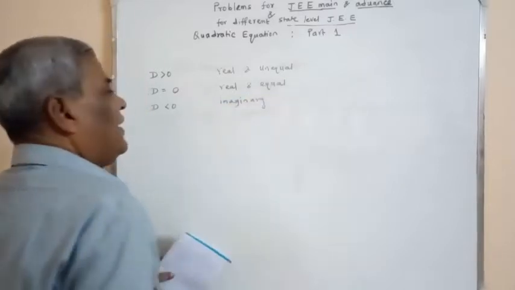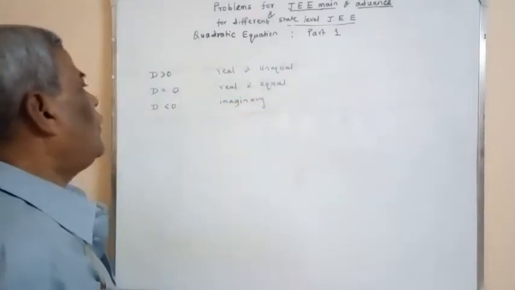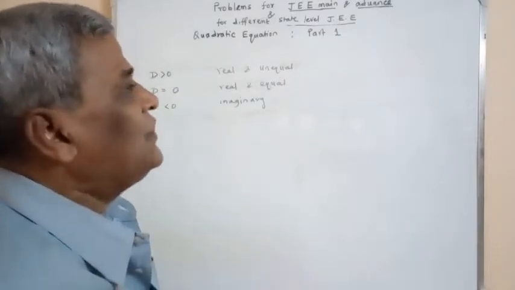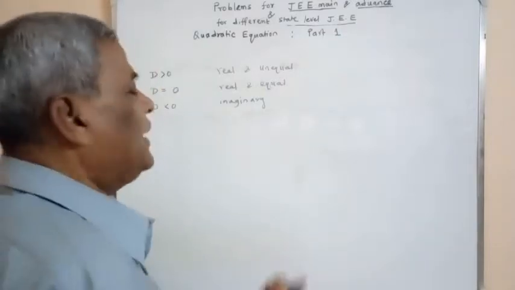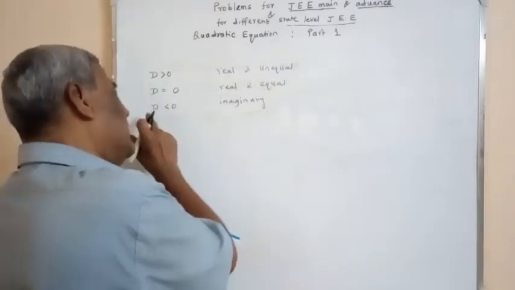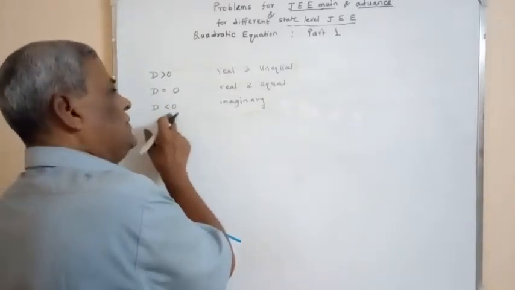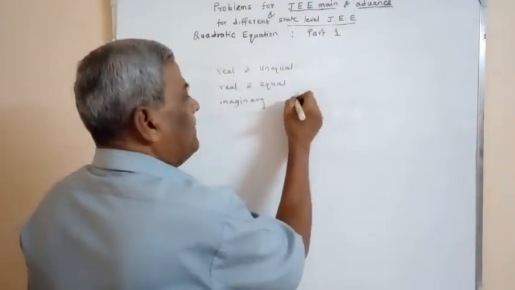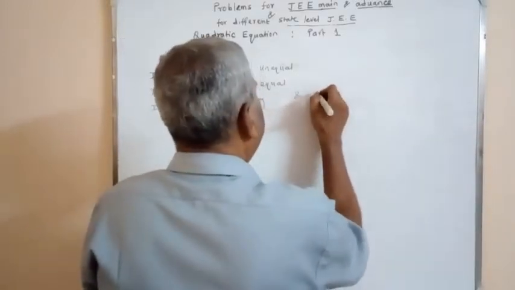And if all coefficients of the quadratic equation, that is a, b and c, are real, and at the same time D is negative, then roots are imaginary and conjugate.